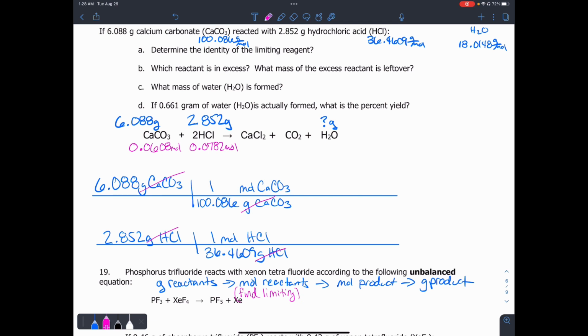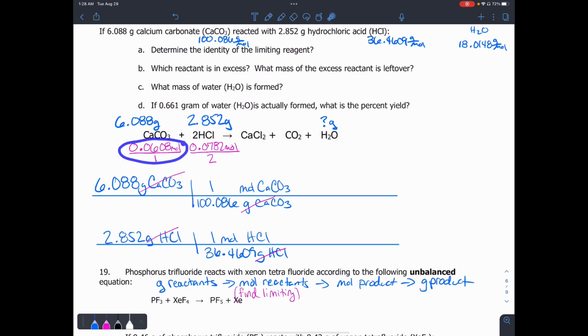I can find it if I divide each mole value by its coefficient. The coefficient here is an imaginary 1. The coefficient here is a 2. So I will divide this by 1 and this by 2. And then the smallest value is the limiting reagent.